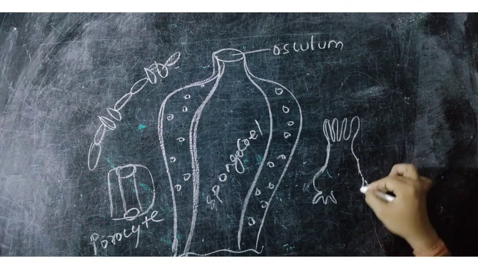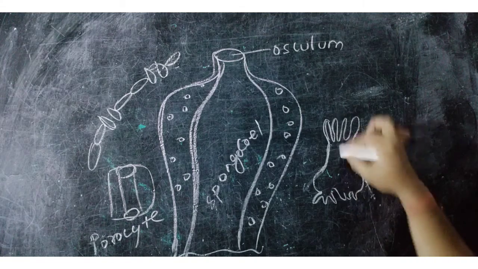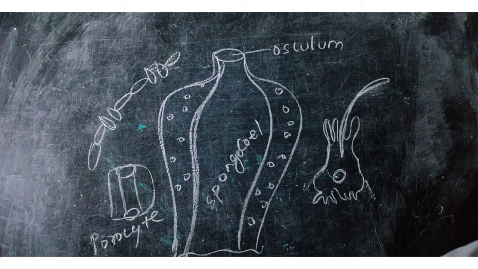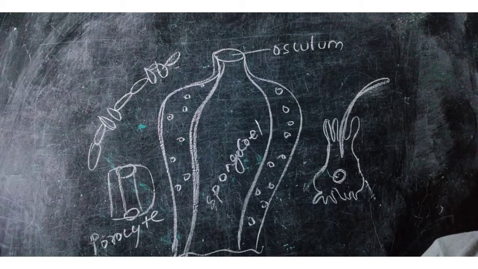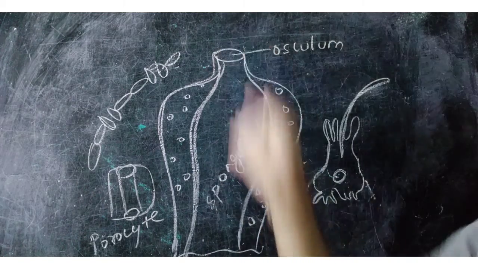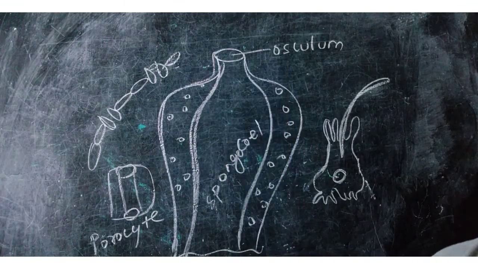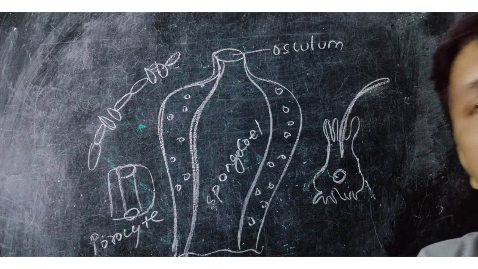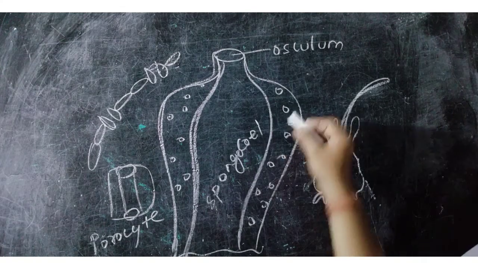Along with the flagella there is a nucleus. This cell is the guanocyte, so it is called the guanoderm. The flagella beat continuously and direct the water to go out through the osculum, so a continuous canal system can be maintained inside.